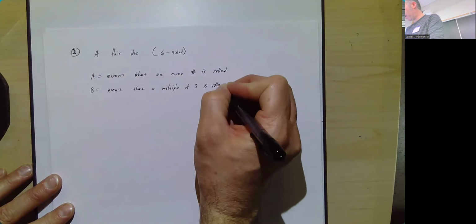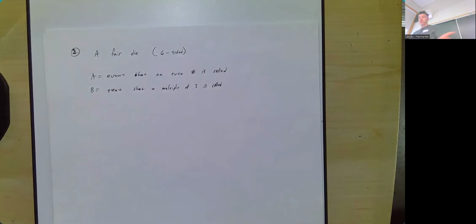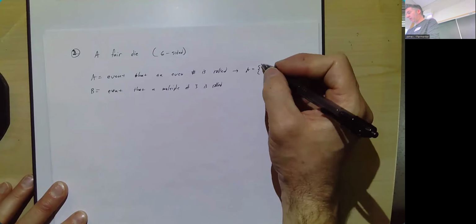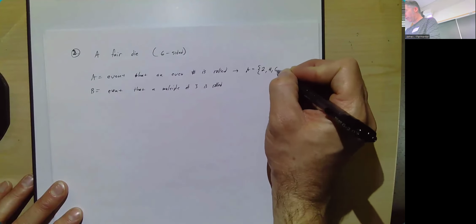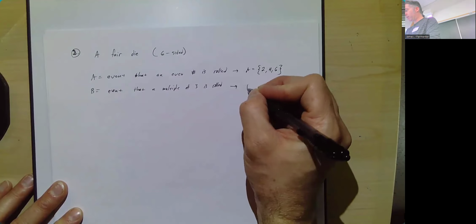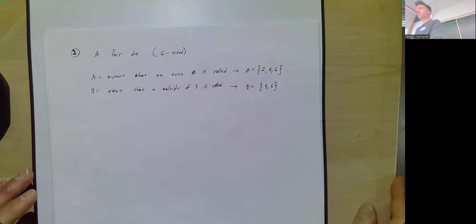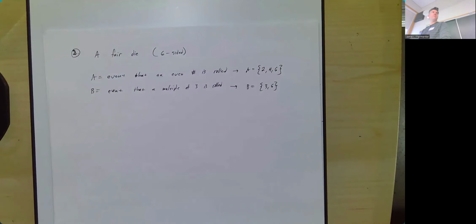So let's actually write down what A consists of. A is going to be the set containing either rolling a 2, a 4, or a 6. Whereas B is going to be the event of rolling either a 3 or a 6. Those are the multiples of 3. Those are the even numbers.